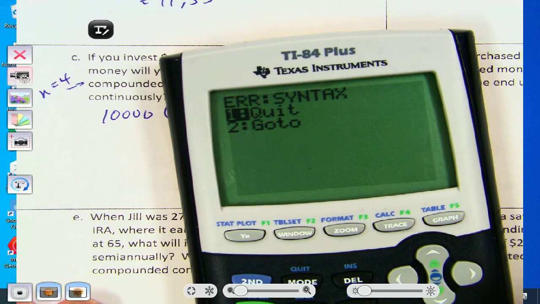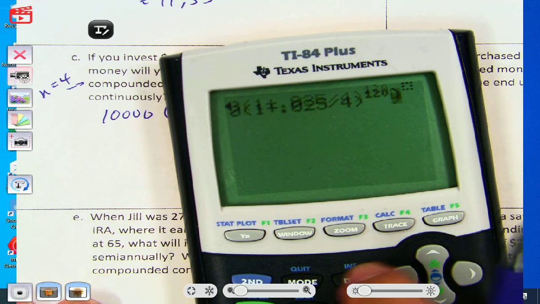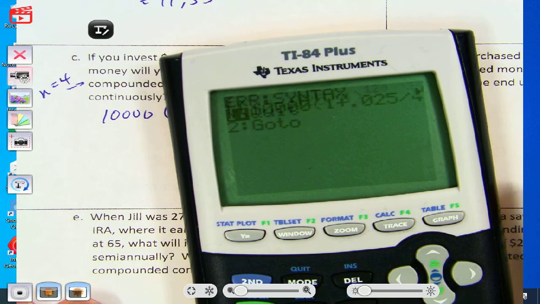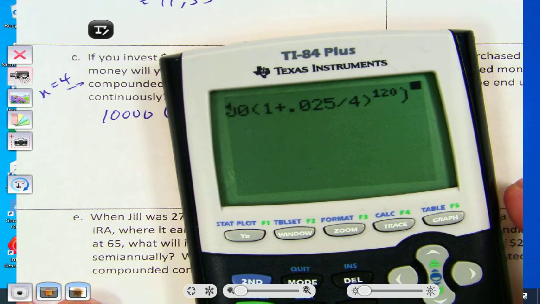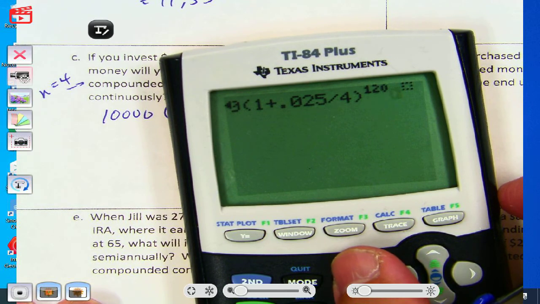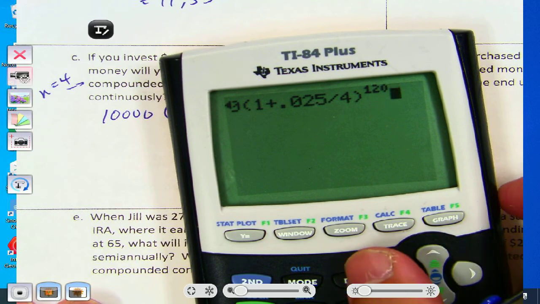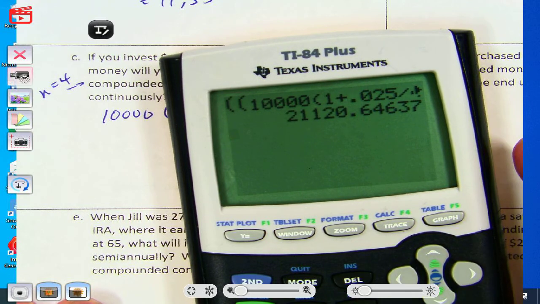And I got a syntax error. I got extra parentheses. Still got a syntax error.